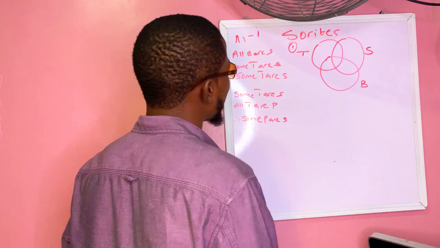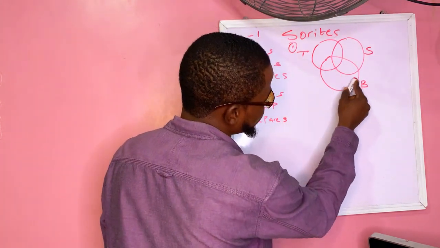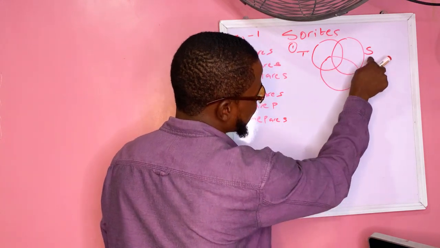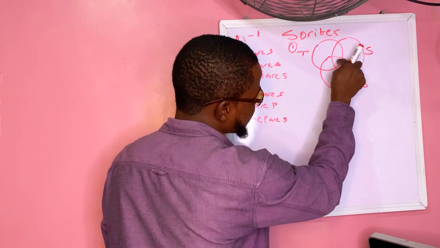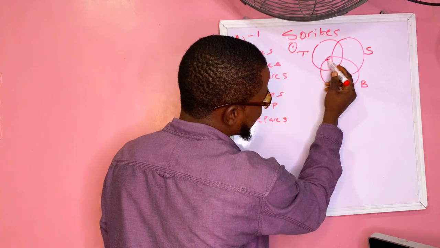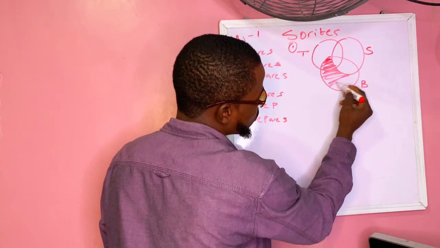So if all B are S, let me look for B that are not S. All this place, all this circle, is the circle of B that are not S. This place where B and S come together, where the circle of S ends, is the circle of B that are also S. But all this place like this is the circle of B that are not S. So I'm shading it off.